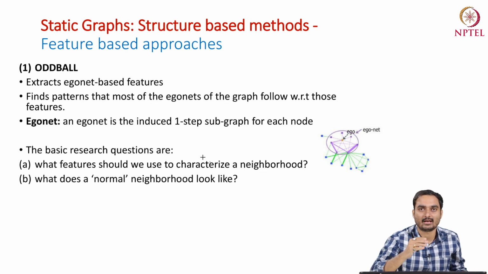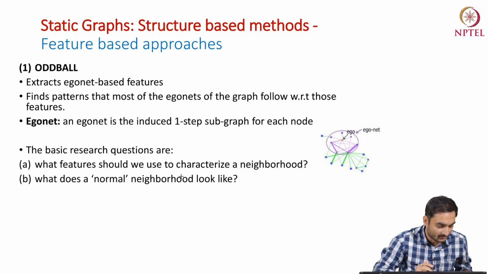They hypothesize that if a node is an anomalous node, its corresponding egonet structure exhibits completely different properties, which are not there in a normal ego network structure.